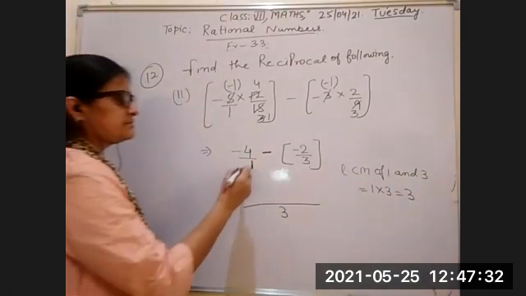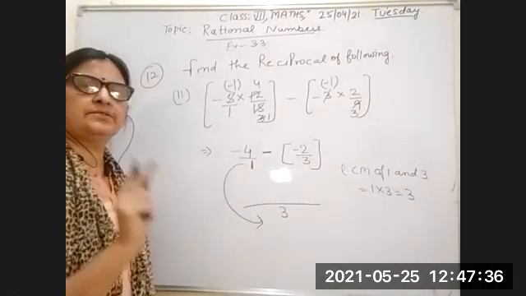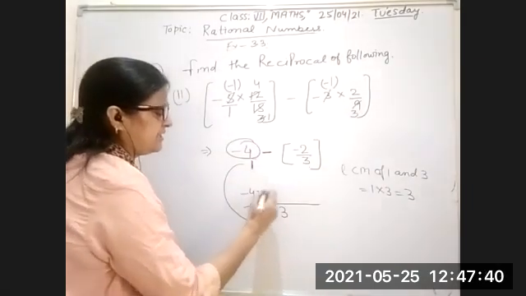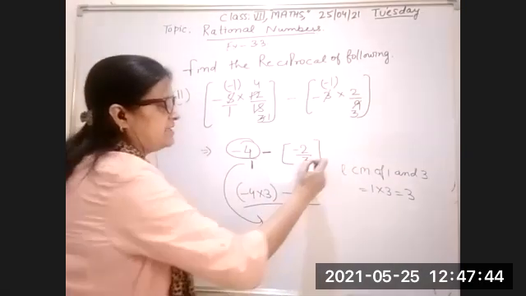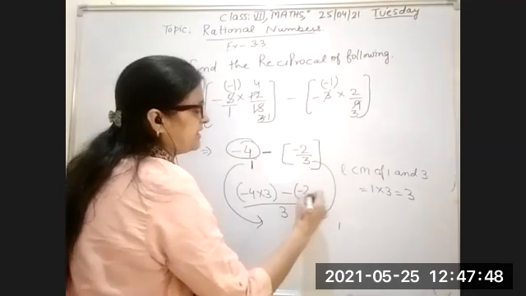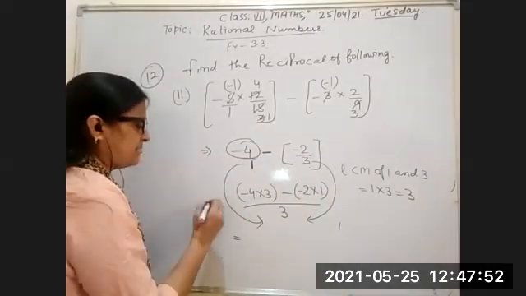Sorry. When you divide 3 by 1, you will get 3. And when you multiply minus 4 with 3, you will get minus 12. And when you divide 3 by 3, it is equal to 1. And when you multiply minus 2 with 1, you will get minus 2.